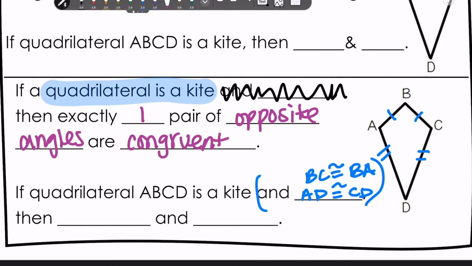So angle A is going to be congruent to angle C. This one right here.